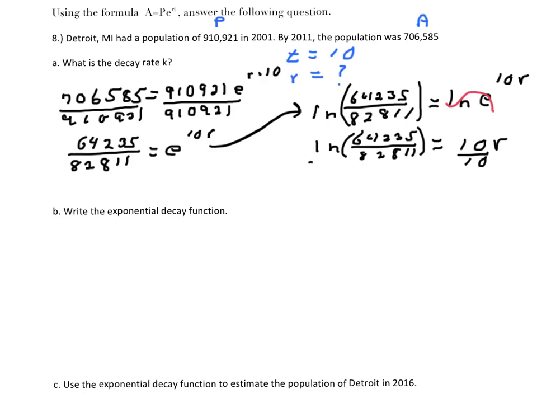When I divide this by 10, I'm dividing the whole thing by 10, and I get r is equal to, so I'm going to punch this into my calculator and divide it by 10, and I will get negative 0.02540. Now, let's look at the fourth decimal point. Well, here's the fourth one. So I look here, is it 5 or bigger? Nope, it's 0. That's less than 5. Okay, so that means I'm going to just cut this off right here, and there's my rate.